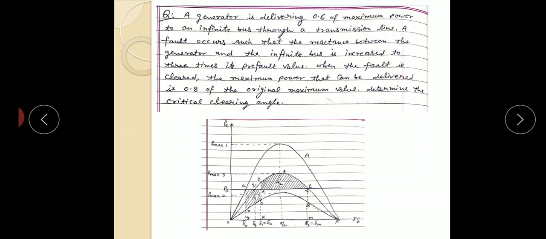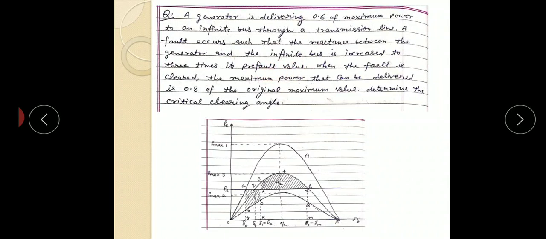A generator is delivering 0.6 of maximum power to an infinite bus through a transmission line. A fault occurs such that the reactance between the generator and the infinite bus is increased to 3 times its pre-fault value.